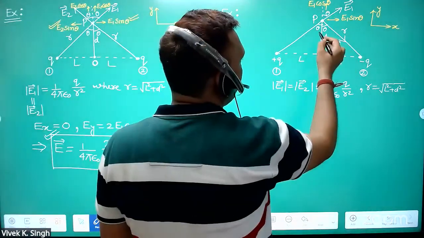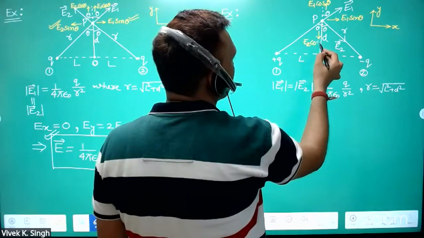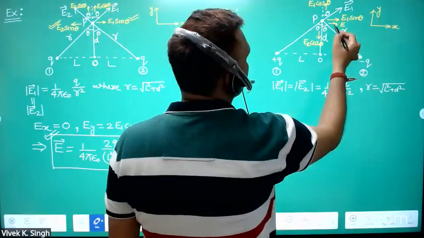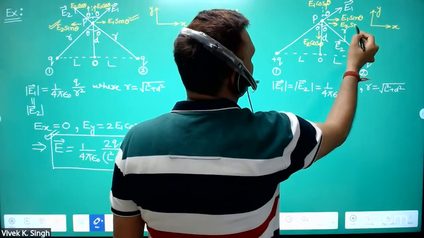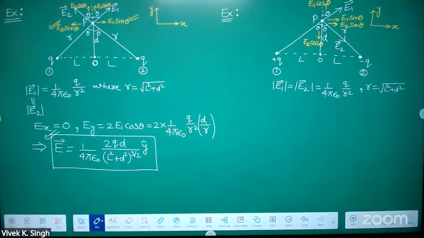If you resolve E2 in this direction, this will be E2 cos theta and this will be E2 sin theta. ठीक है? Is it clear? Yes.